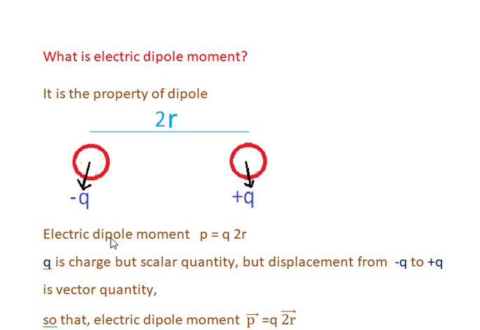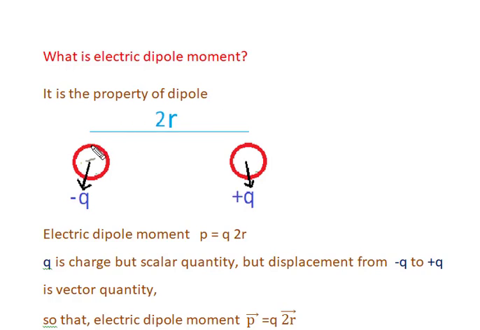So the electric dipole moment is indicated by P. Q is a charge, either minus Q or plus Q, any one charge is taken as Q, and the distance between the two charges is taken as 2r. Here Q is a scalar quantity, but r, the distance, is a vector quantity.